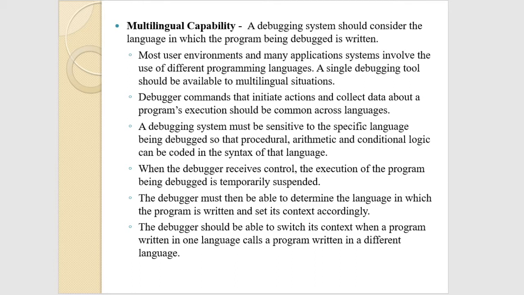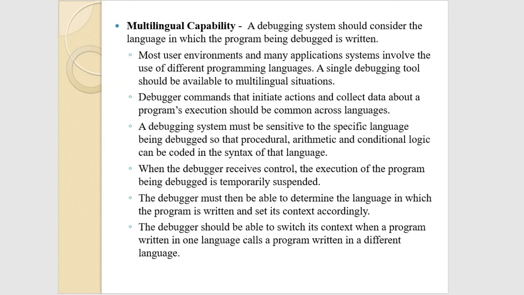The next point is multilingual capabilities. A debugging system should consider the language in which the program being debugged is written. A single debugger, which means language independent, can be used with many programming languages.